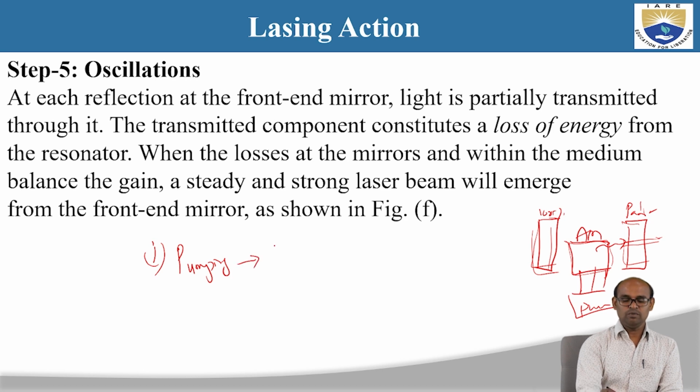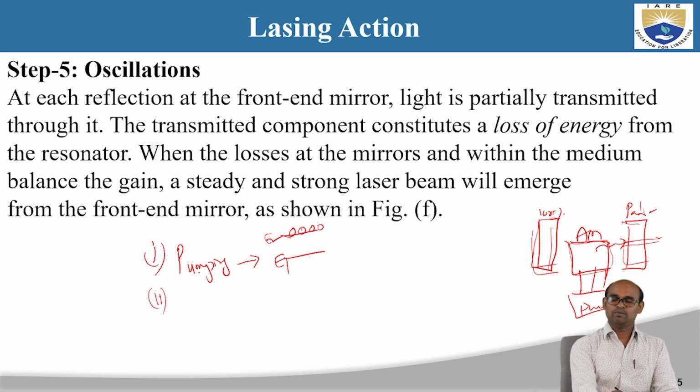Only through pumping are we going to send them to the excited state or metastable state E2. Pumping is nothing but supplying energy to the system. Once we supply the energy, we are going to achieve population inversion. So the second step is population inversion.